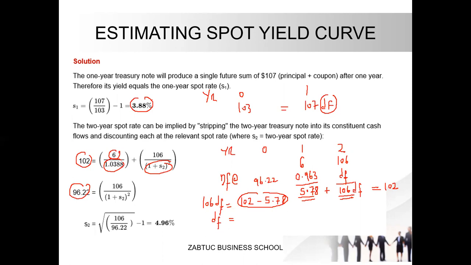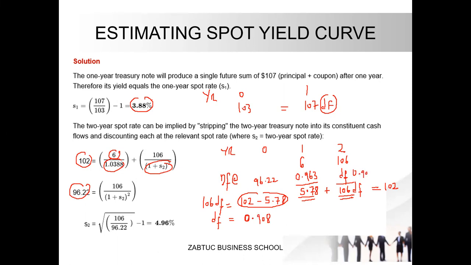Now, you divide that by 106. What do you find? 0.908. So this is the discount factor which should go here.